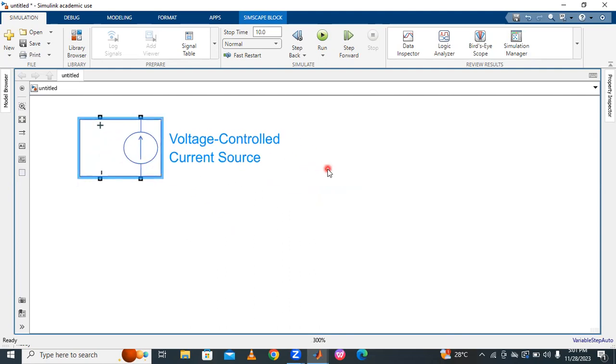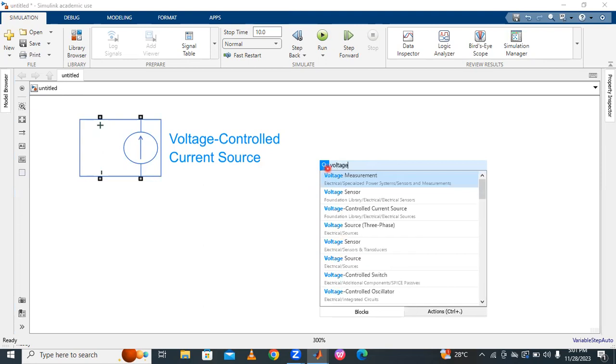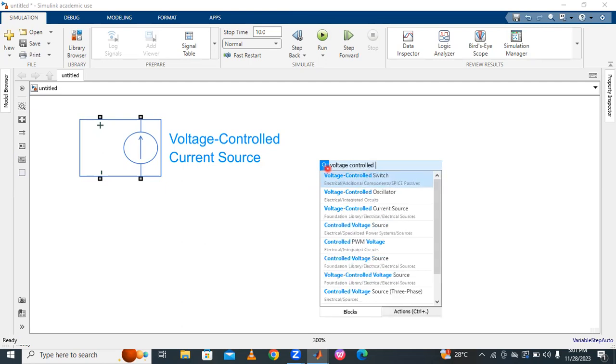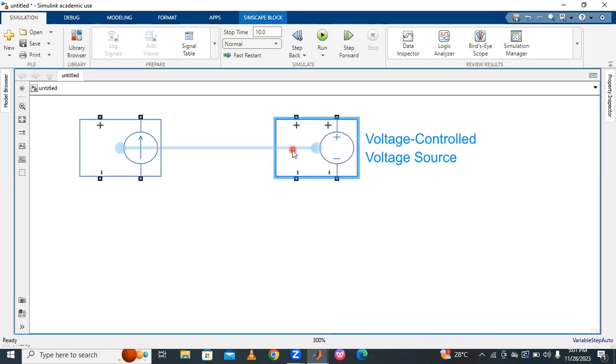The next one is the voltage controlled voltage source. Right here, this is called voltage controlled voltage source.